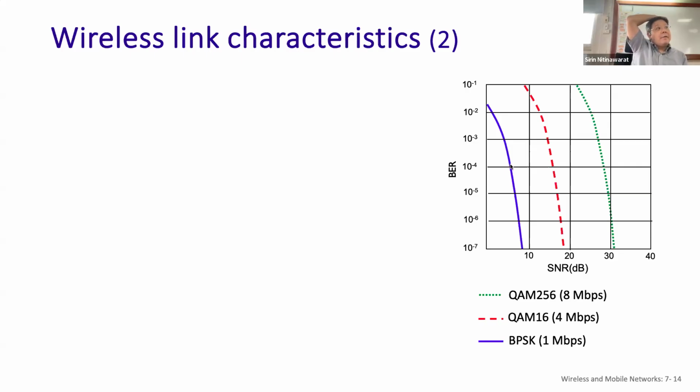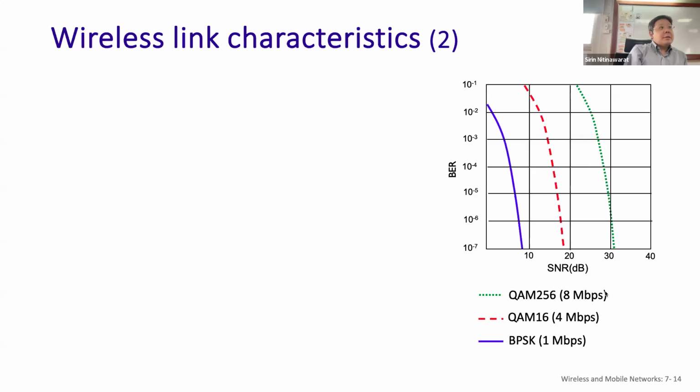What are the legends for the different colors? Going from the bottom, BPSK. Have you heard of BPSK? What do you think it stands for? Binary phase shift keying, right? QAM 16, what do you think the 16 stands for?